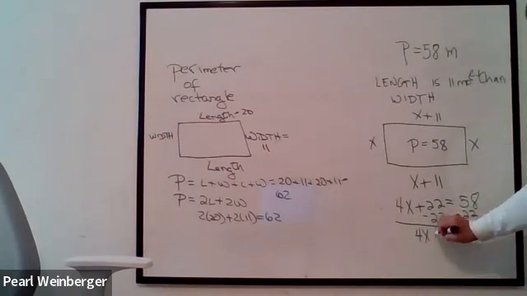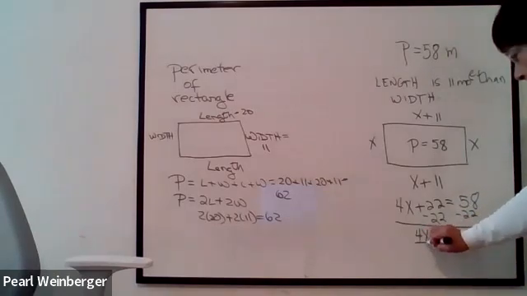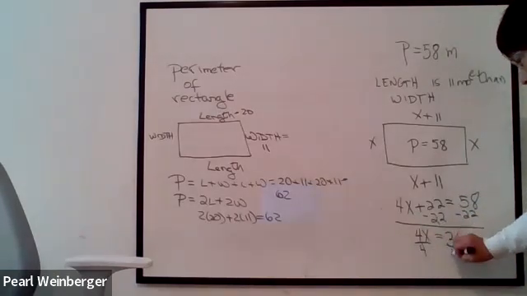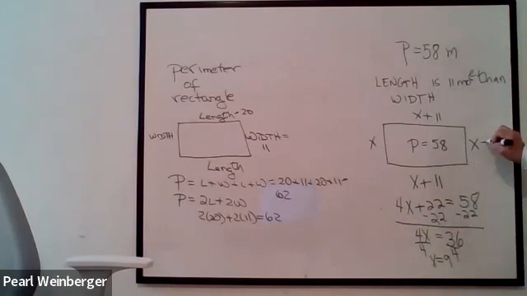Now, 58 minus 22 is 36. And if I divide by 4, I get x equals 9, which means my width is 9 and my length is 9 plus 11, x plus 11, which is 20.